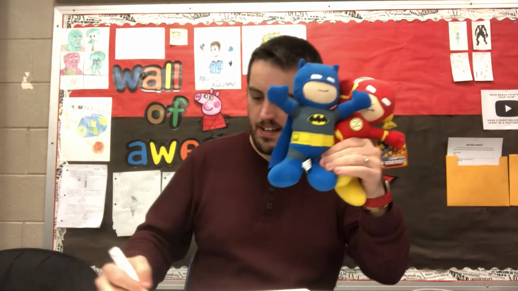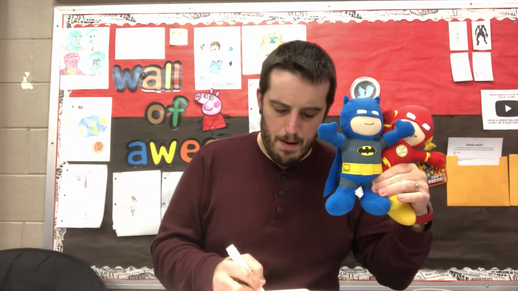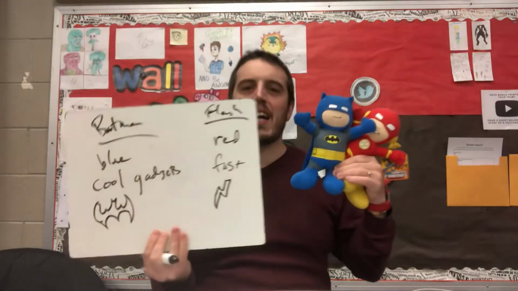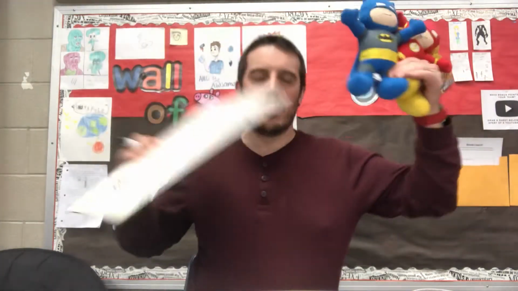The difference is the Flash has a lightning bolt, and Batman has a bat for his symbol. Okay, so I've got a couple of differences. So we got how are they the same with the sodas, and now we're looking at what are the traits that make these different.